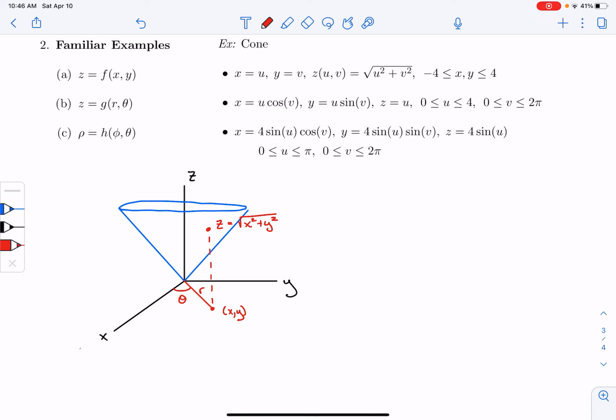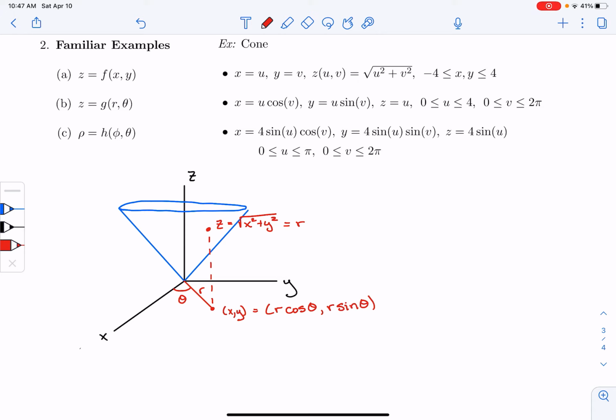And so we could think of that coordinate as being r cosine theta and r sine theta, in which case the z is actually equal to r. So when we expressed a cone in polar coordinates, we just said z equals r.